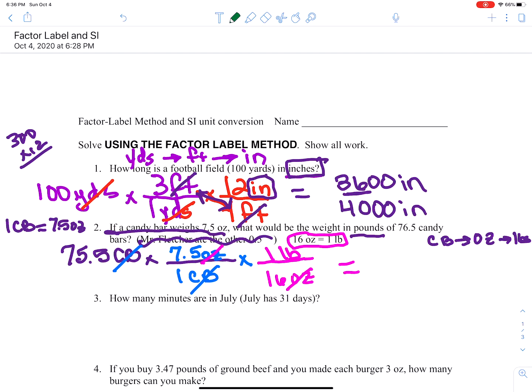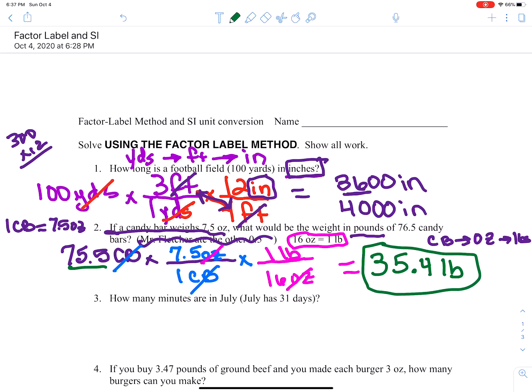I have 3 sig figs in 75.5, and my calculator answer is 35.3906. Well, I only need 3 sig figs, so my answer is 35.4 pounds. That's how many pounds 76.5 candy bars are. That's your answer.